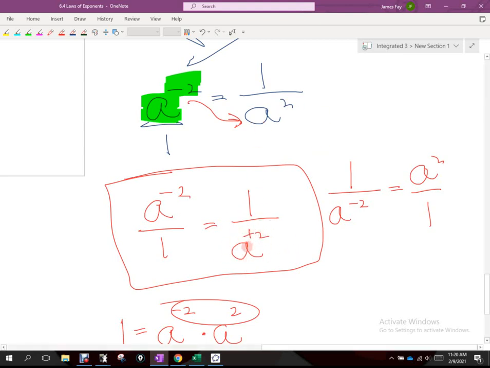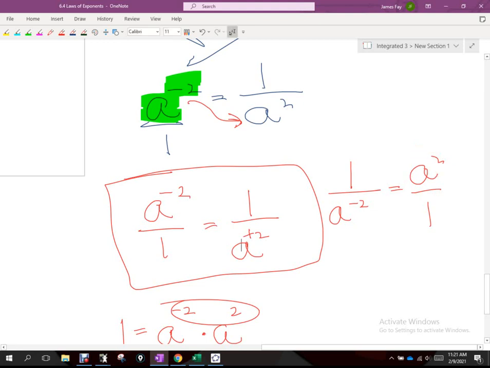Does that make sense? If your exponent starts in the bottom of your fraction and it's negative, you can take that exponent and the object that is attached to it and move that to the top of the fraction, and it becomes positive. Does that make sense to everybody?